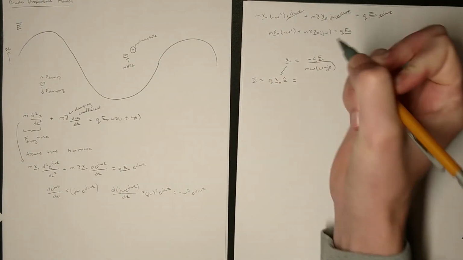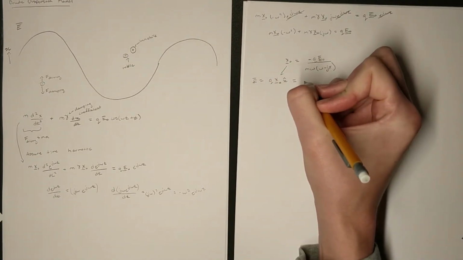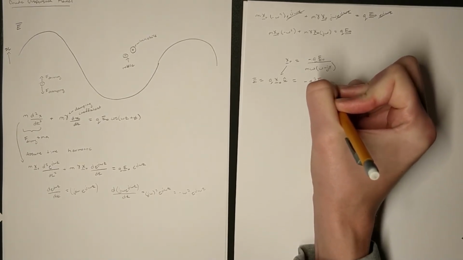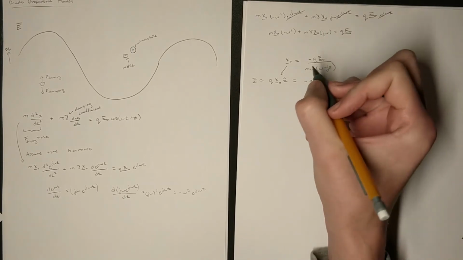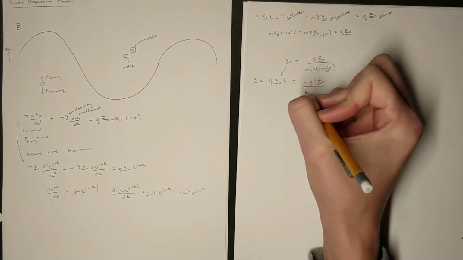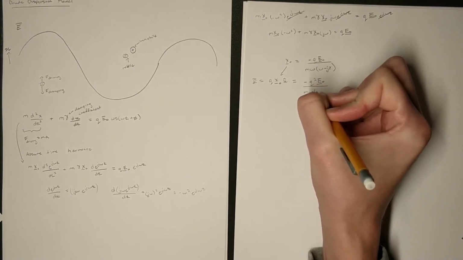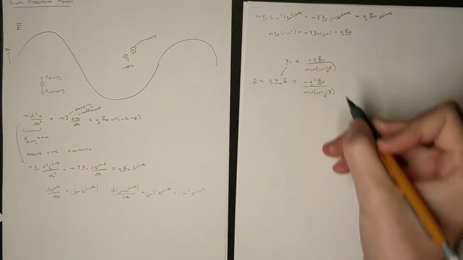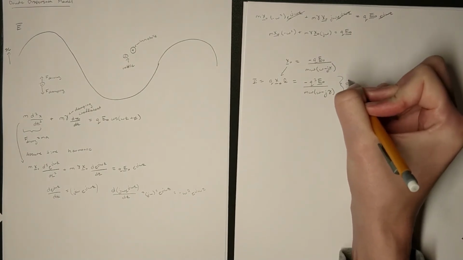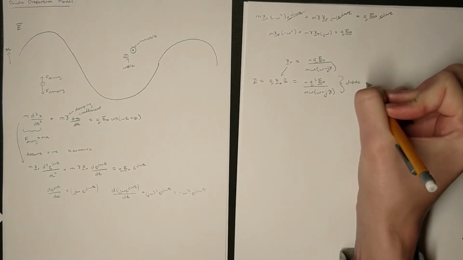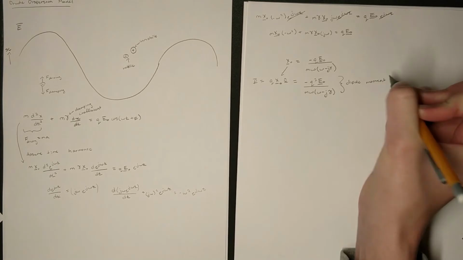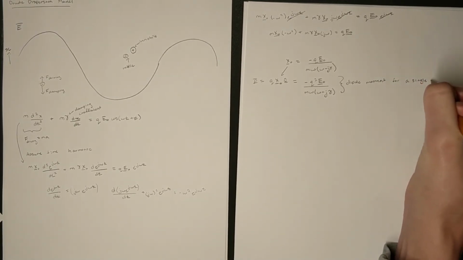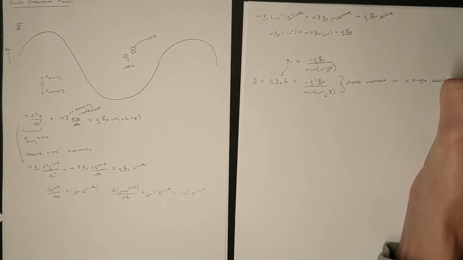Substituting this in, we find that the dipole moment for a single electron is negative q squared E naught phasor over m omega times omega minus j gamma. So this is our dipole moment for a single electron.